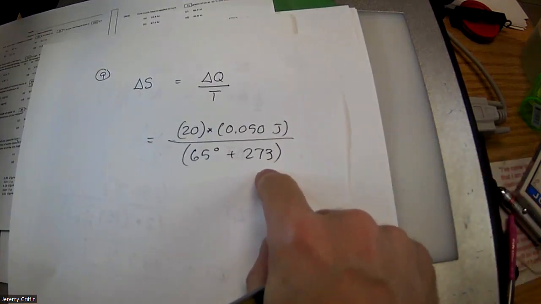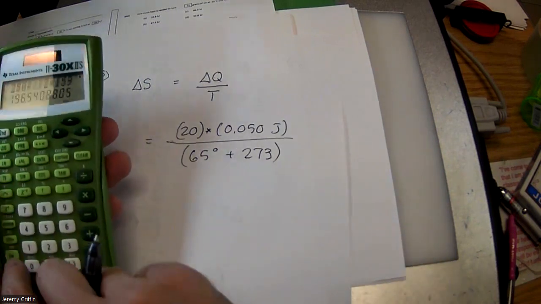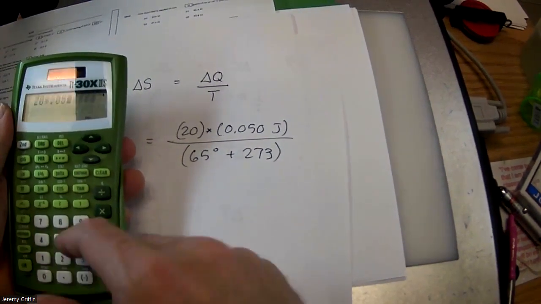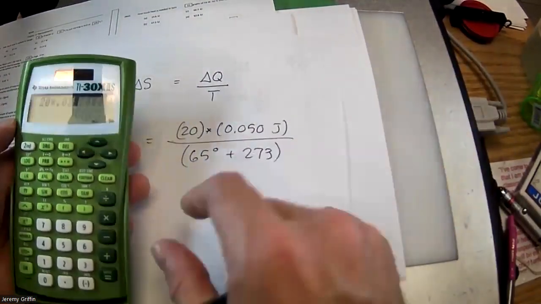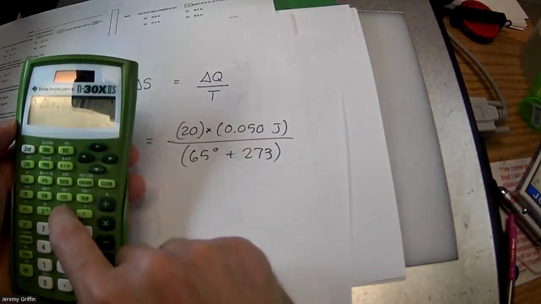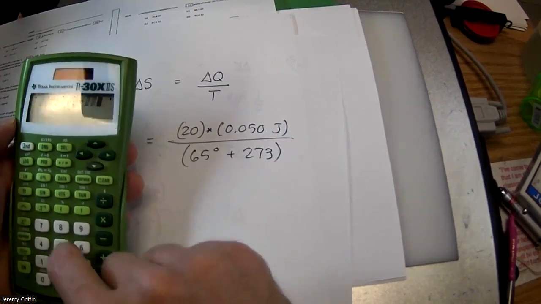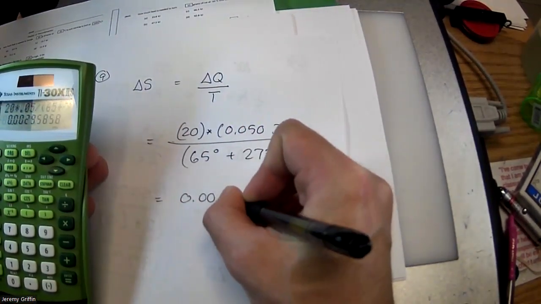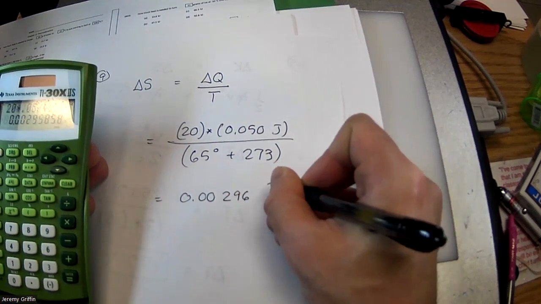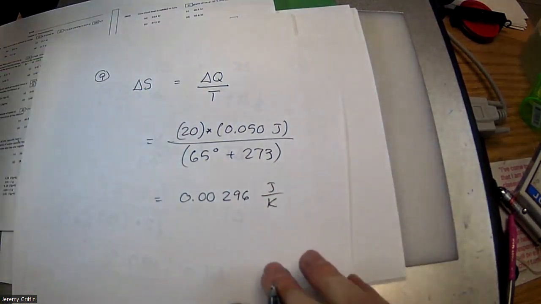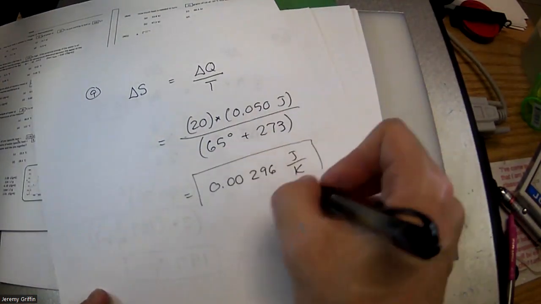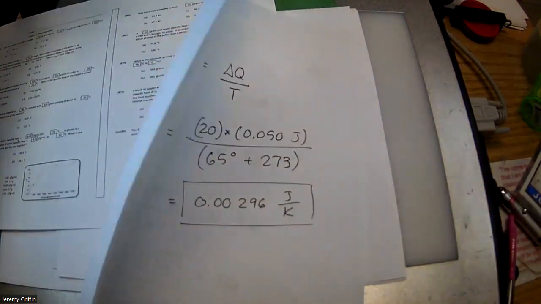Has to be in Kelvin, right? Has to be in Kelvin because we're dividing by a temperature. So that many stirs times that much work per stir, kind of a dimensional analysis thing, divided by this temperature in Kelvin. That's joules per Kelvin. So maybe 0.003. Yeah, I see an answer that matches that, so I'm good with that. There you go.